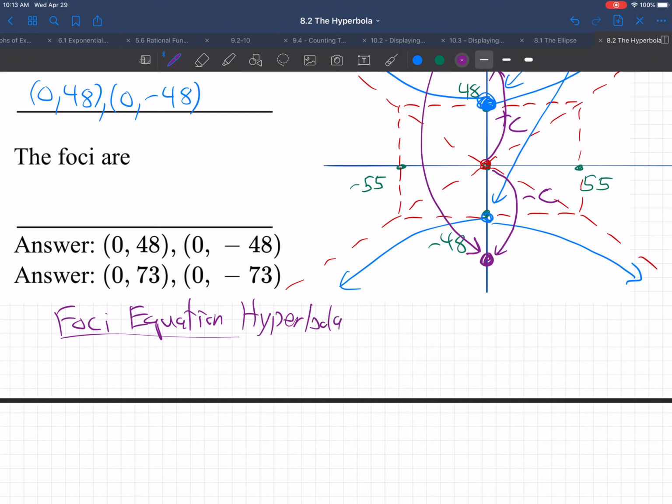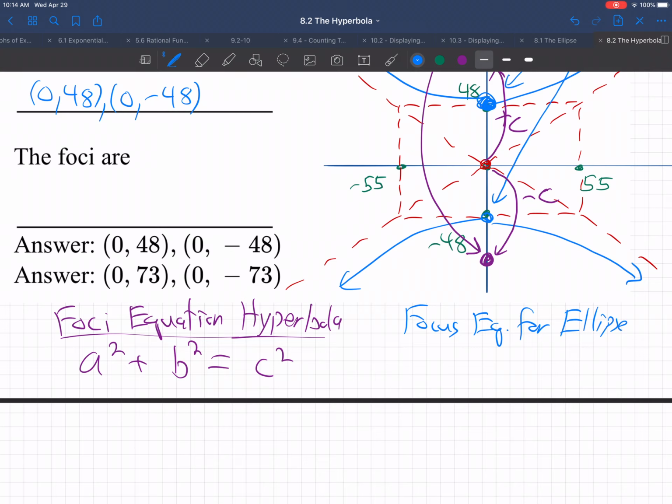The focus equation for the hyperbola is a squared plus b squared is c squared. Let me remind you if it's helpful. The focus equation for the ellipse was the Pythagorean theorem with a minus. So see how similar these are? For the hyperbola, it's actually exactly the Pythagorean theorem: a squared plus b squared is c squared.